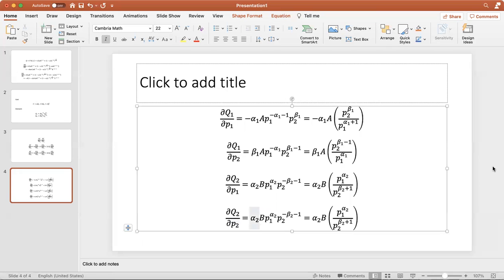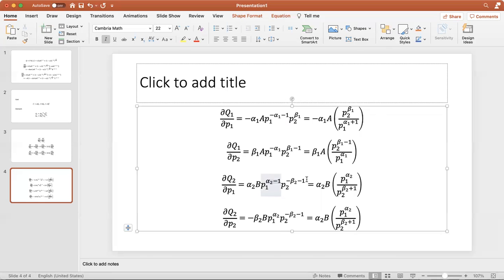This becomes negative beta 2, B P1 alpha 2. Sorry, this should be, let me erase that. Now this should be B P1 alpha minus 1, and negative B2 remains the same. So you have alpha 2 minus 1.